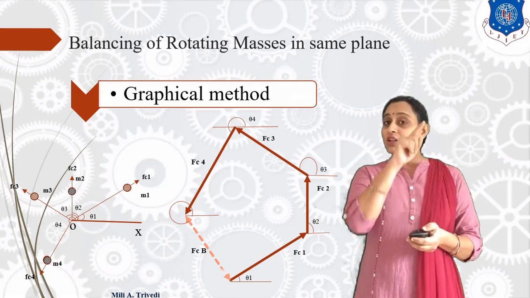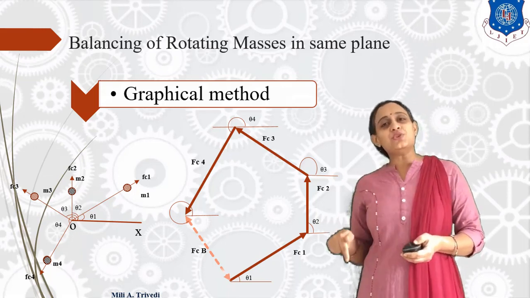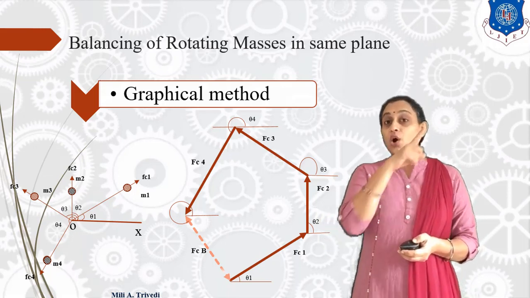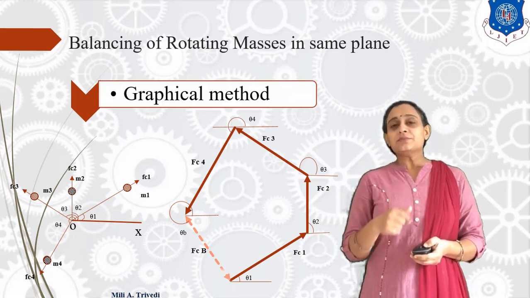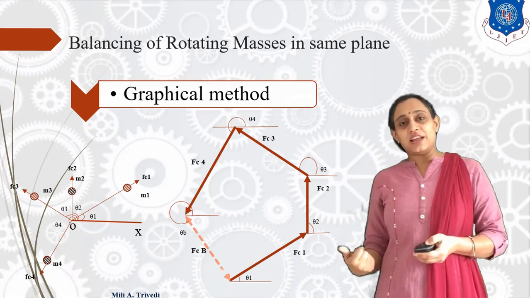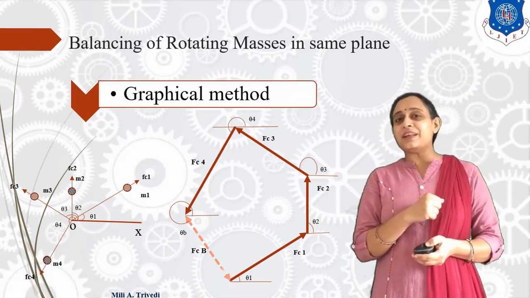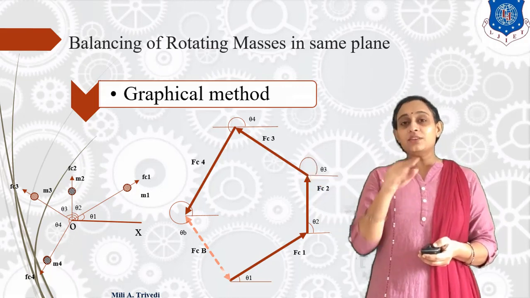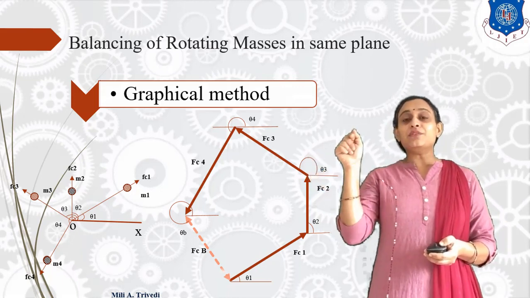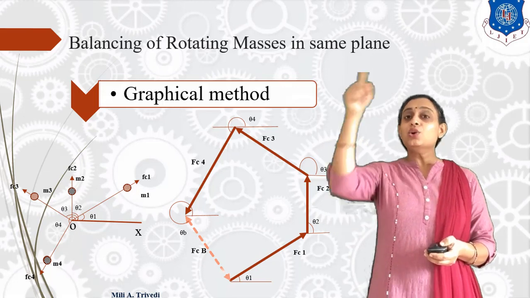Now, we have to draw the same line, but the arrow should be in the downward direction, opposite to the resultant force. Okay? So here, we will get the downward direction arrow, and as you see the angle representation, from the baseline of FC4, we have to mark the angle.